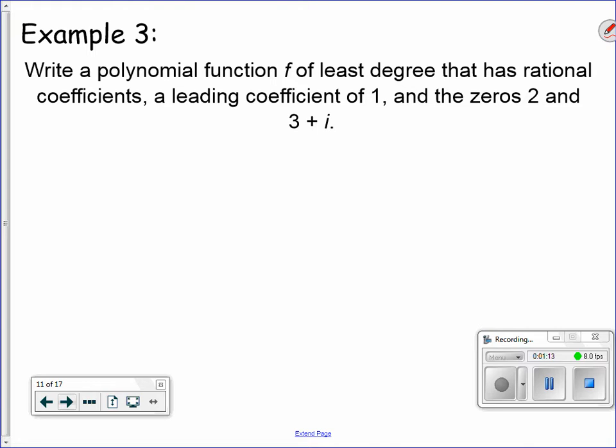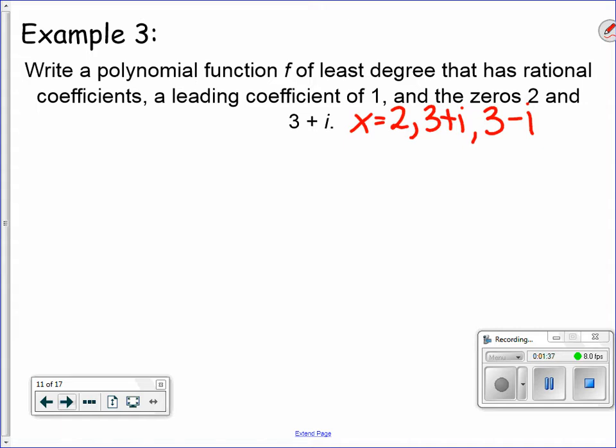Okay, so it says write a polynomial function f of least degree that has rational coefficients, a leading coefficient of 1, and the zeros 2 and 3 plus i. So we have that the solutions are 2, 3 plus i, and if 3 plus i is a solution, automatically its conjugate 3 minus i is a solution.